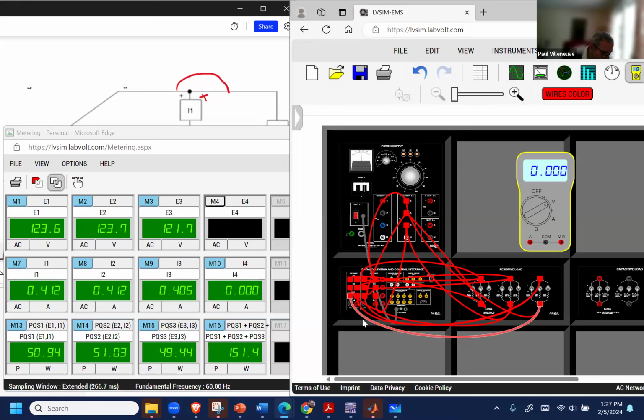So that's there, that's there. Let me just make sure I have my current set correctly. Yeah. I'm not exactly sure why. I am returning this to terminal 6. So I don't know, maybe that's just the software. I mean, it's only up by 6 milliamps, but you can see it's giving a different voltage.